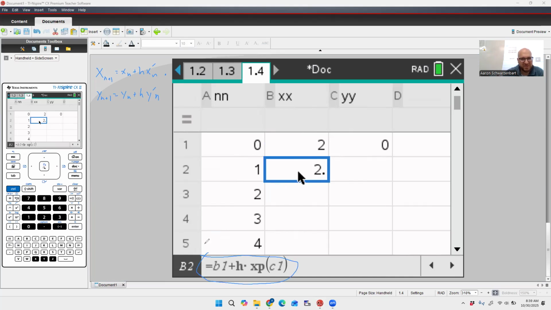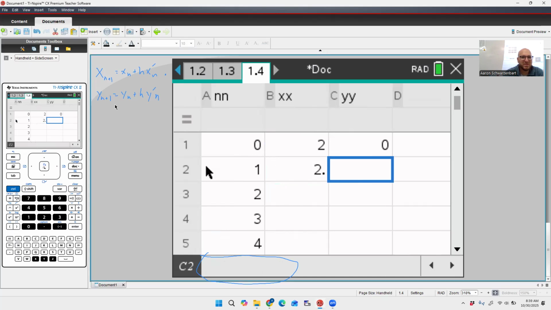Let's put in our second formula and then we'll do our fill. So equals this plus h times yp is yn prime, right?